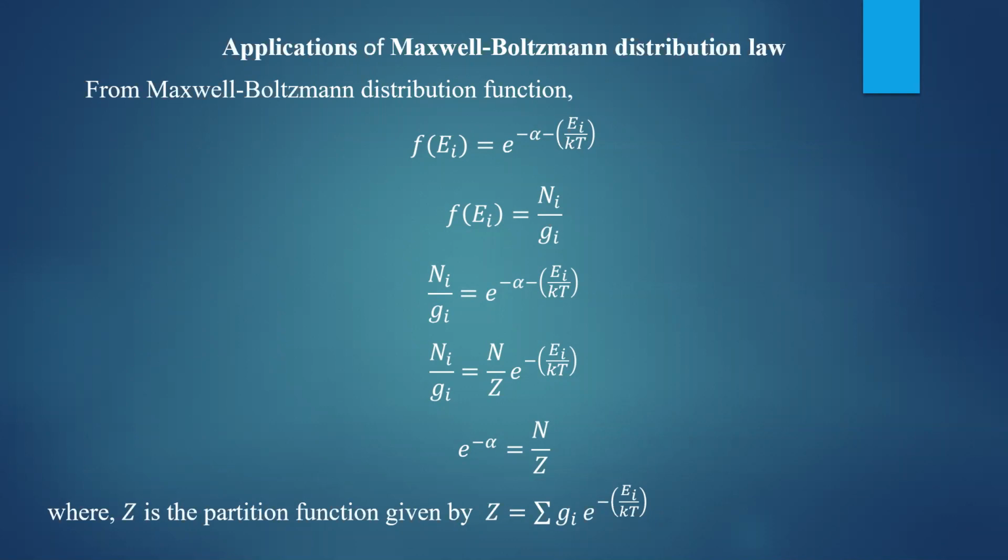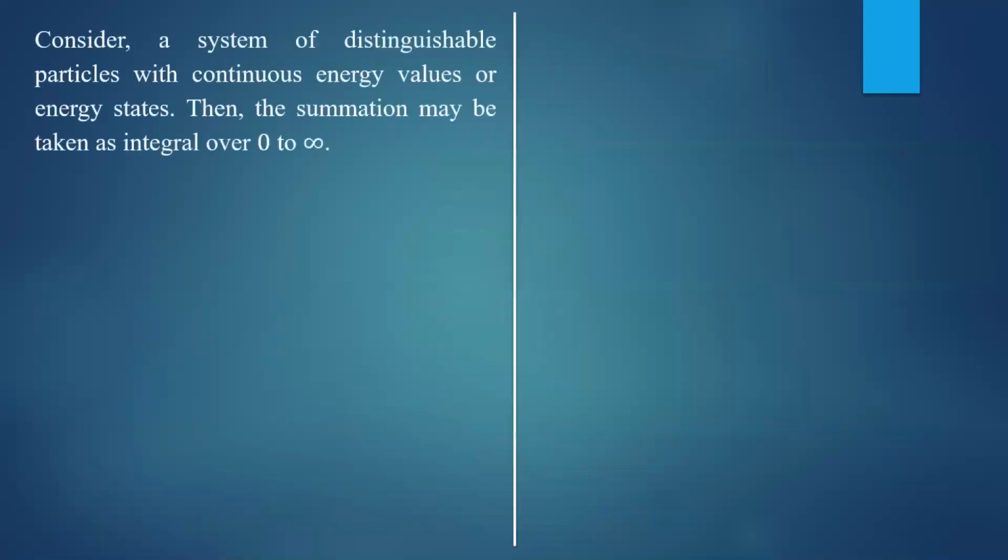Now we have to express this Z in terms of energy. What do we have to do? Consider a system of distinguishable particles where Maxwell-Boltzmann statistics is applicable with continuous energy values or energy states. Then the summation may be taken as an integral over 0 to infinity.